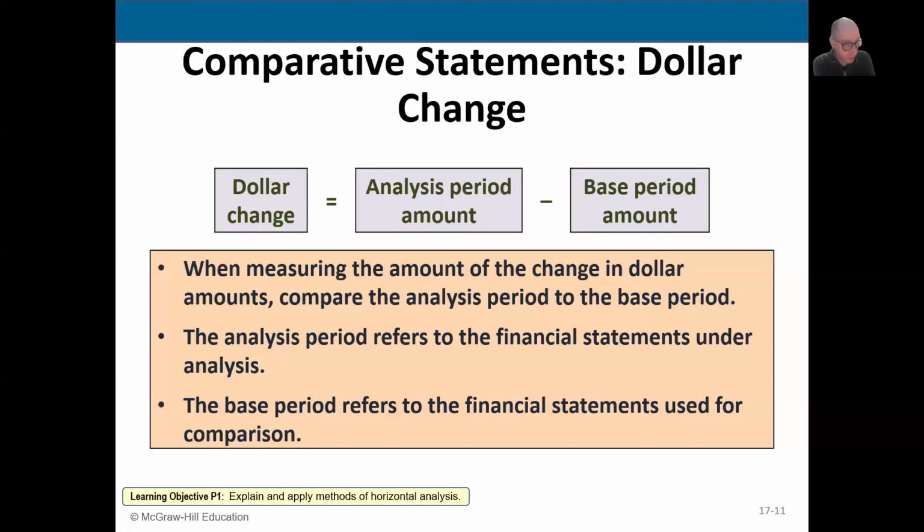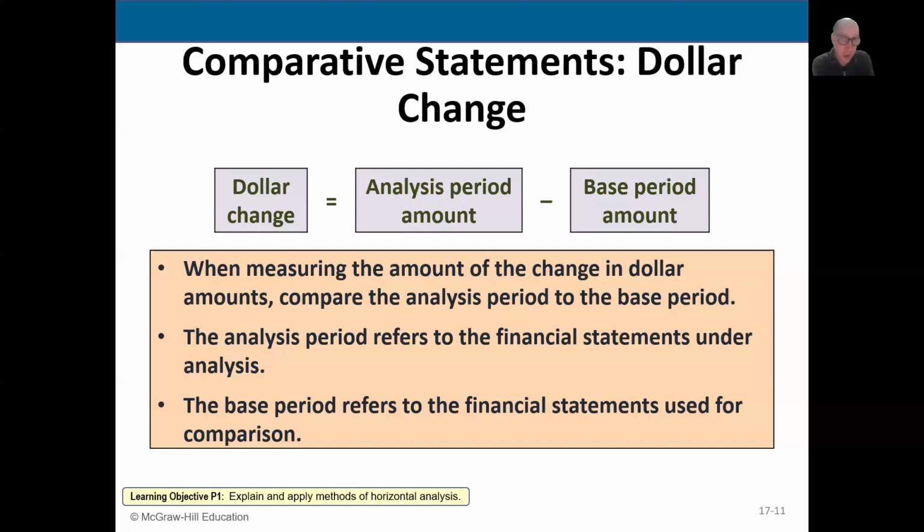It's the base. It's the oldest data we have. So, for example, let's say we have 2023, 2022, and 2021 of most recent data. My base year would be 2021. My analysis period will be 2022 and 2023.